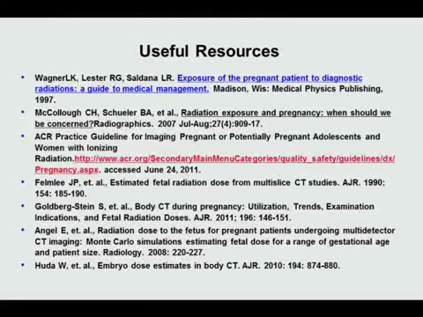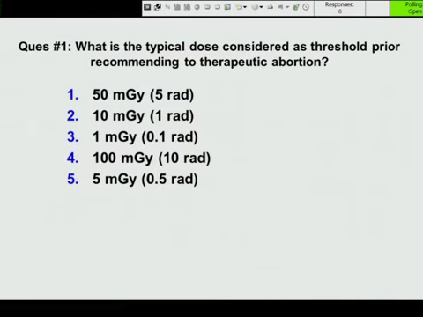So here are the questions. What is the typical dose considered as the threshold prior to recommending therapeutic abortion? 50 milligray, 10 milligray, 1 milligray, 100 milligray, or 5 milligray? Let me start the clock.